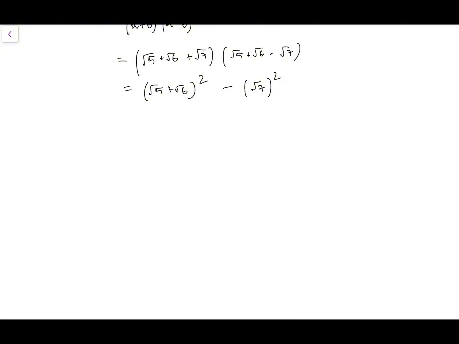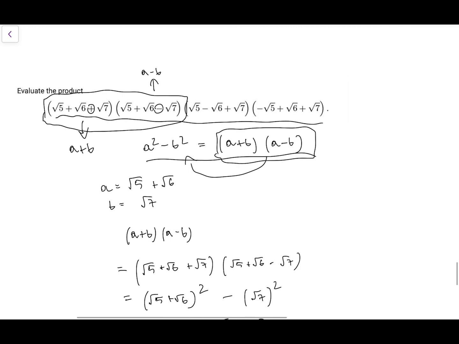Now we're simply going to multiply that out. So we're going to get 5 plus 6 plus 2 times square root of 30 minus 7. So in total we get 4 plus 2 times square root of 30. So this is the example for the first two products.